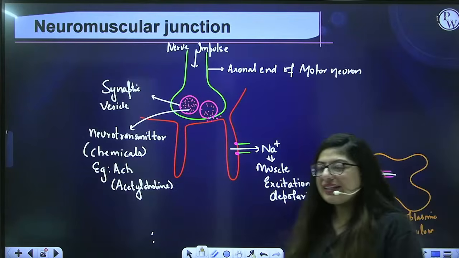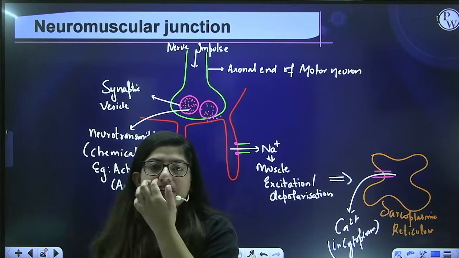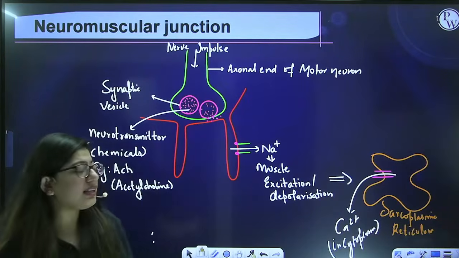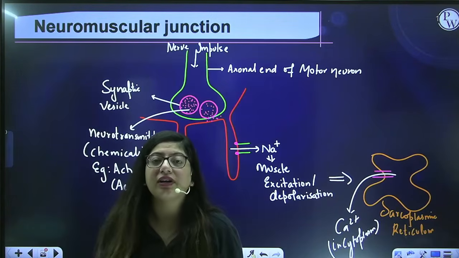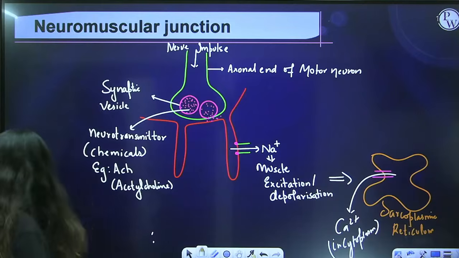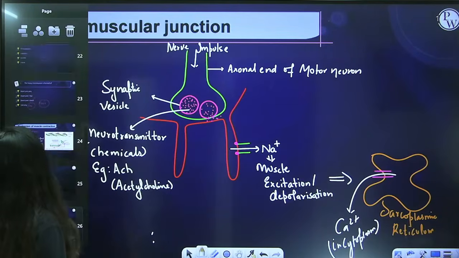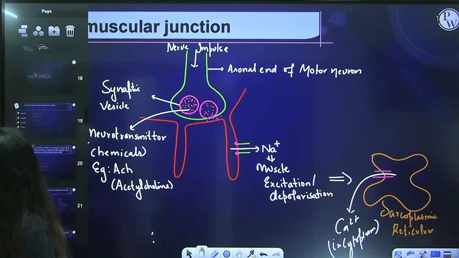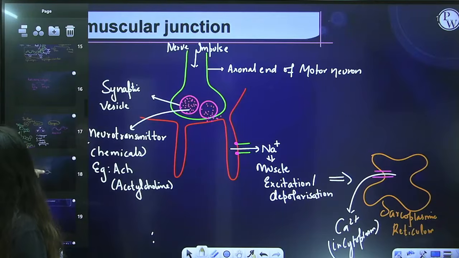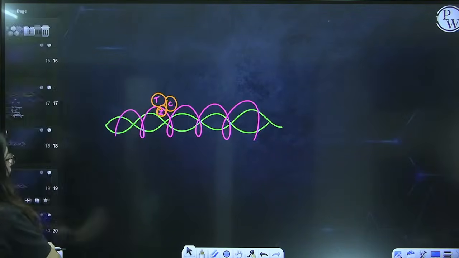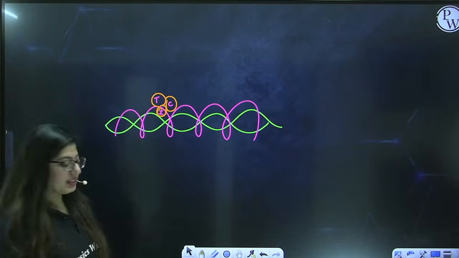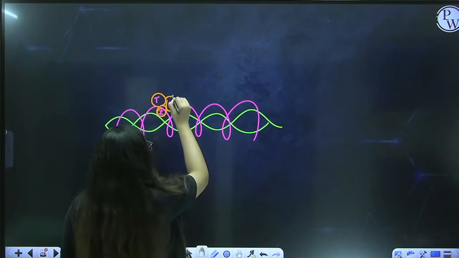Once these calcium ions enter the cytoplasm, they will bind to troponin C. You heard it right. Let me show you now. They will bind to this troponin C.